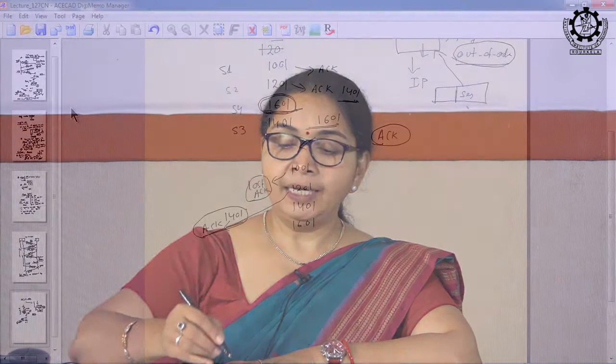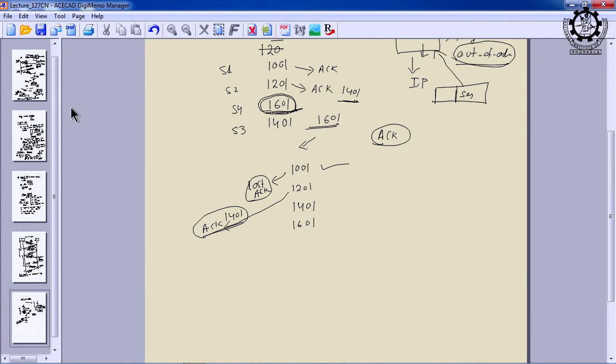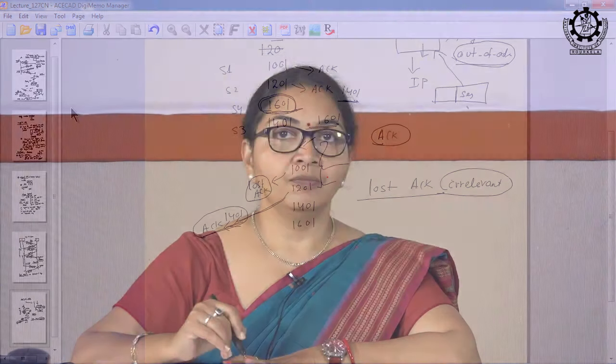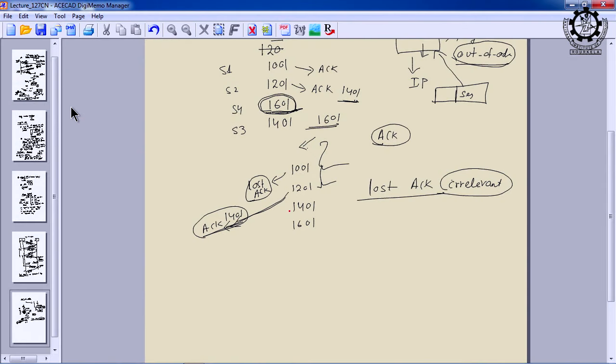What does it mean? It indicates the previous segment arrived safely. So, loss of acknowledgement is absolutely irrelevant for TCP, because acknowledgements are cumulative. If it receives any acknowledgement in between, it is understood that the rest of the segments have reached the receiver safely. Fine, this is how a lost acknowledgement is handled.